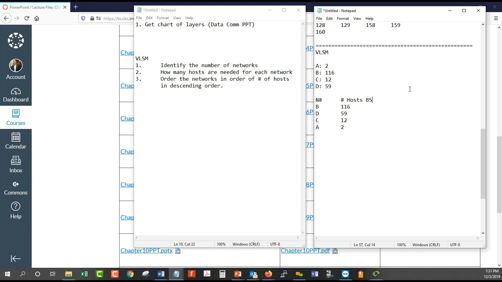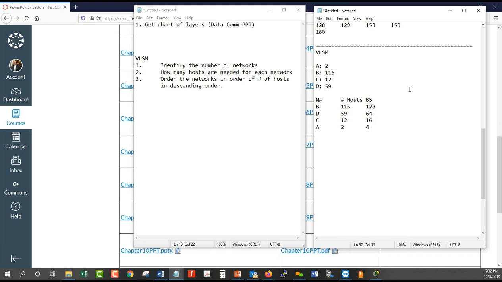So in order to hold network B, what is the block size that I'm going to need for network B? I'm going to need 128. Thank you, Sharon. All right. And Patrick, what is the block size I'm going to need for D? Very good, 64. Greg, how about C? Okay, 16, perfect. And then finally, I'm going to need 4. I'll take the easy one. I need 4 for network A.